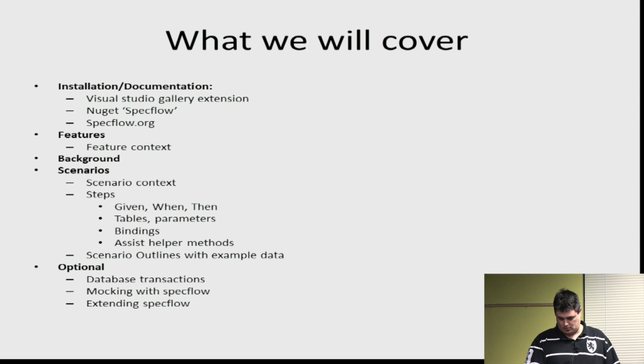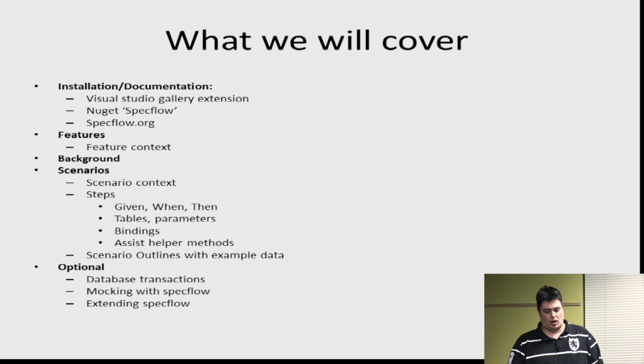Okay, covered that. So here's the slide. I'm going to quickly go over what we're going to cover, and then I'm going to keep this up to remind me because I don't have a note card of what the heck I'm doing and make sure I hit every one of these topics. I'm going to read these out, and then we're going to dig into the code. We'll talk about installation, documentation, boring. We'll talk about features within SpecFlow. There's an actual feature concept. We'll talk about the background command within SpecFlow. We'll talk about scenarios.